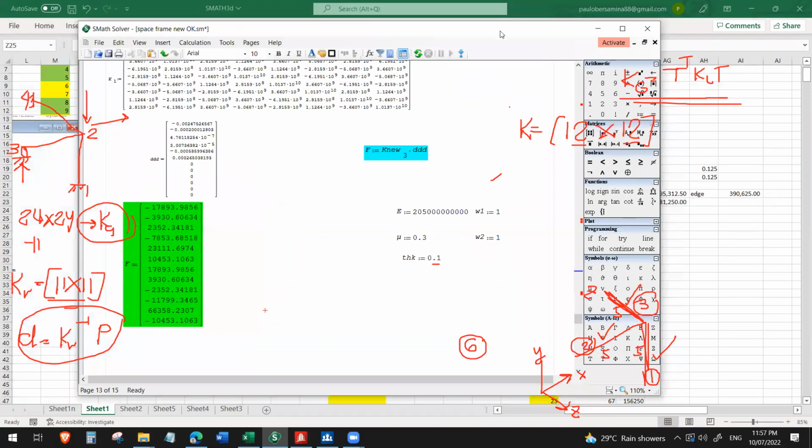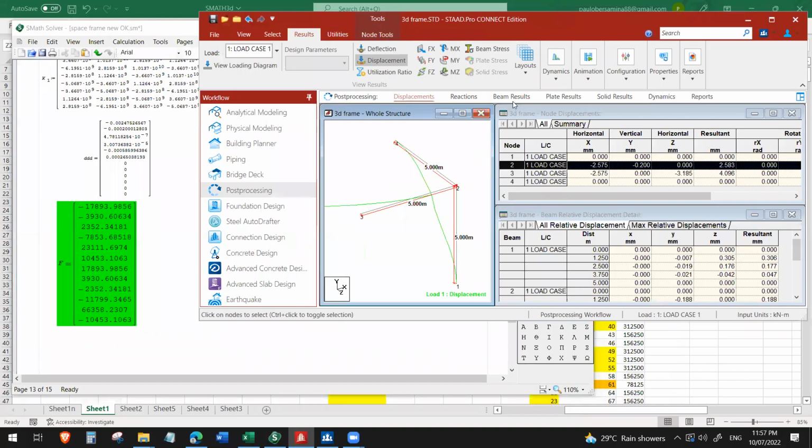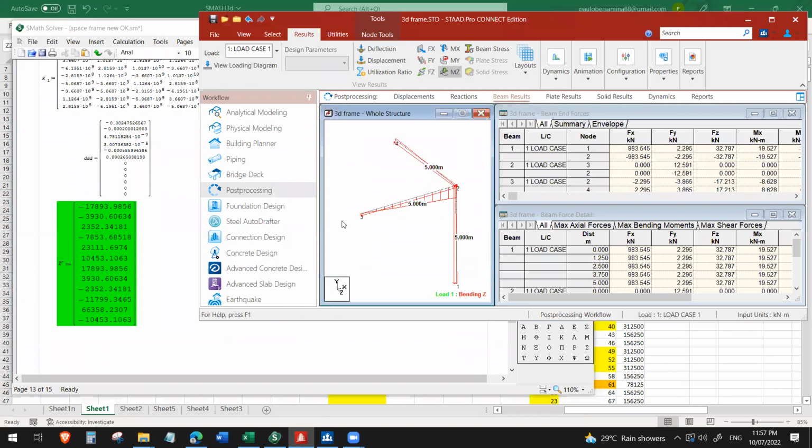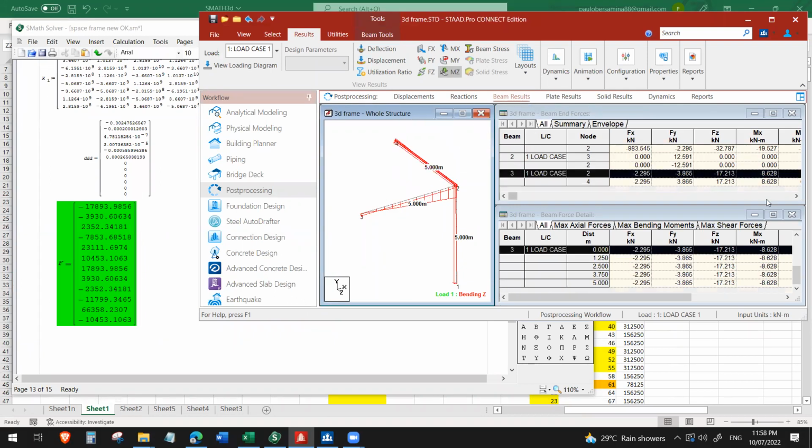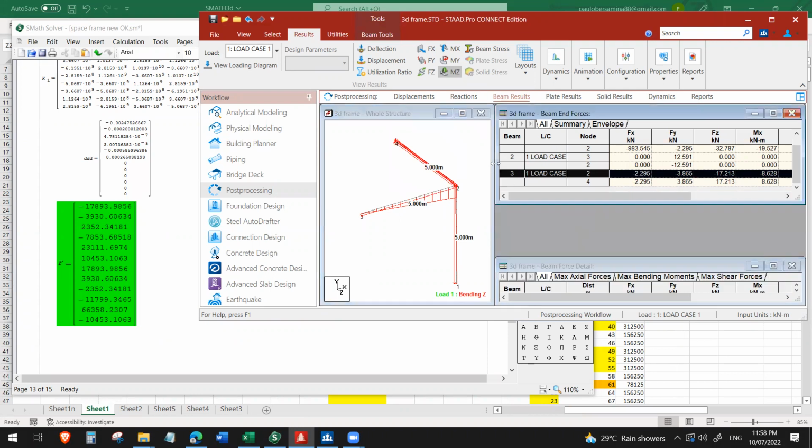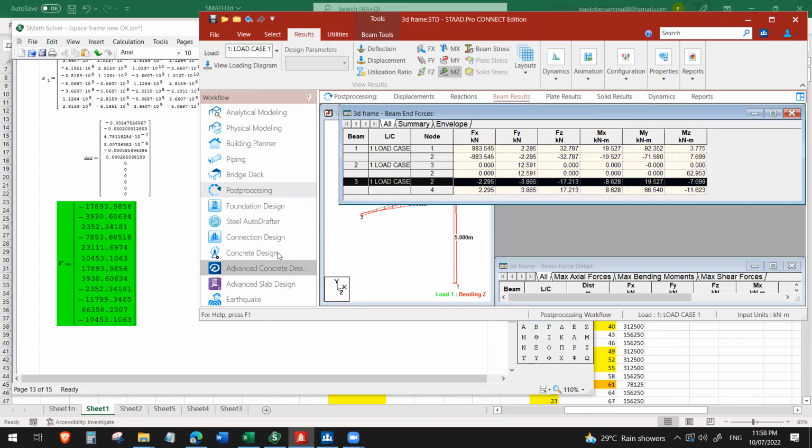Maybe I can now clear all the annotation. Okay, so in STAAD, I'll proceed to beam results, and then click on member 3. So, with that, these are the forces for member 3.